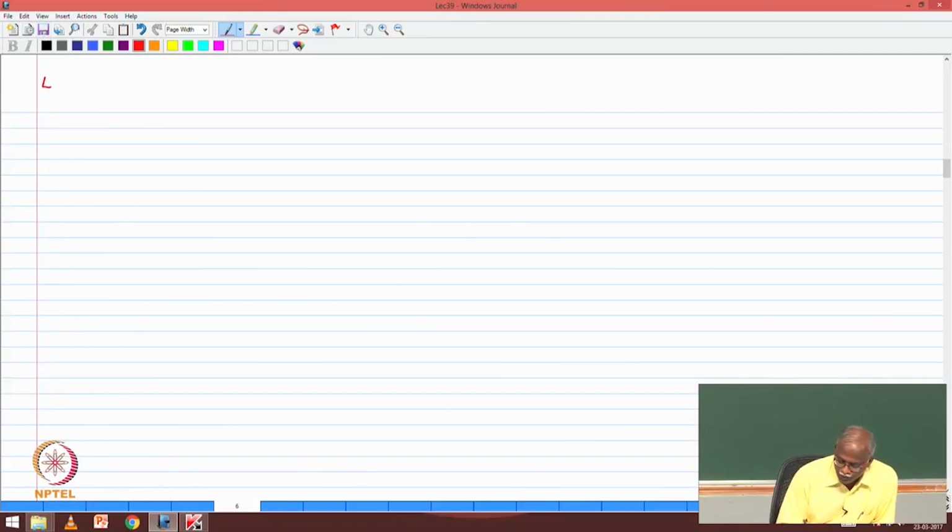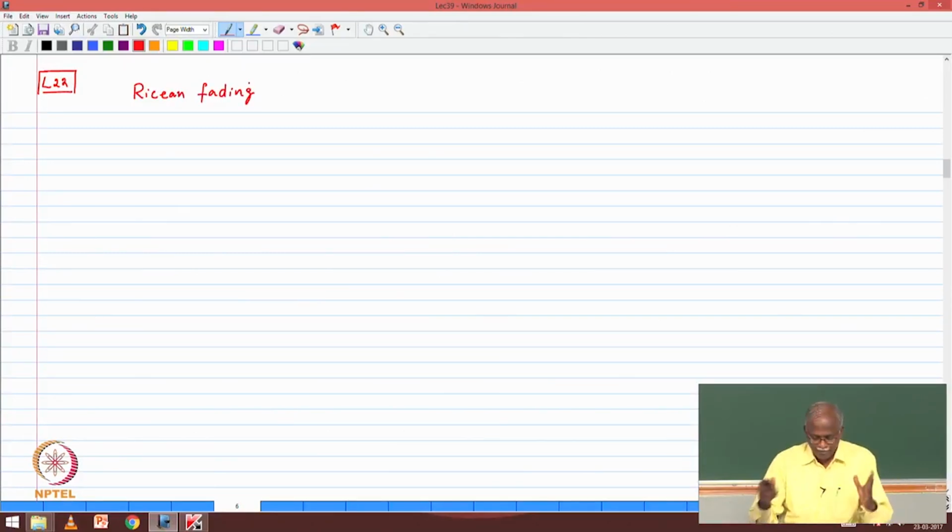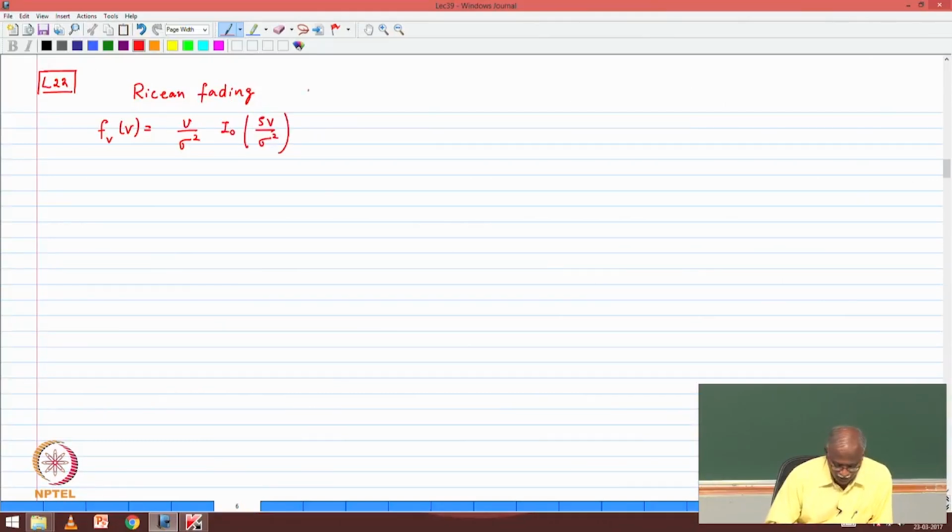So in lecture 22, we did look at the following: the Rice or the Ricean fading. It is nothing but a random variable with a Ricean PDF, f_V(v), that's a PDF, v divided by sigma squared I naught of sv by sigma squared e power minus (v squared plus s squared) by 2 sigma squared.